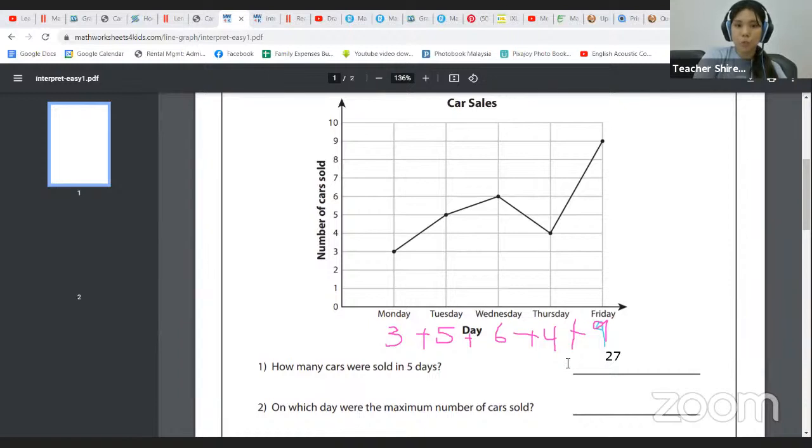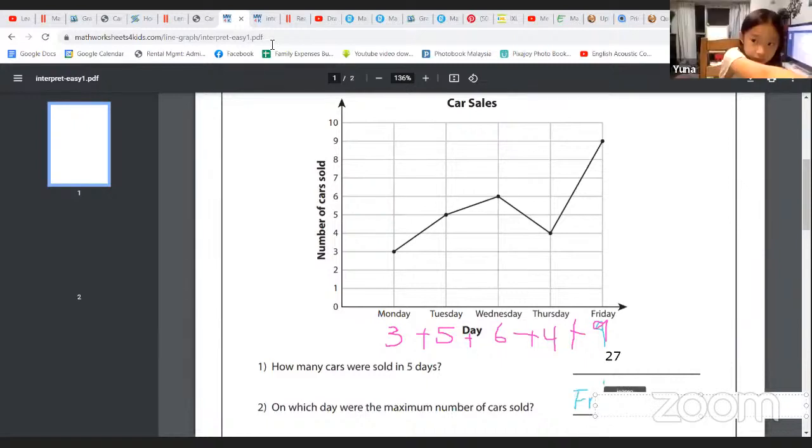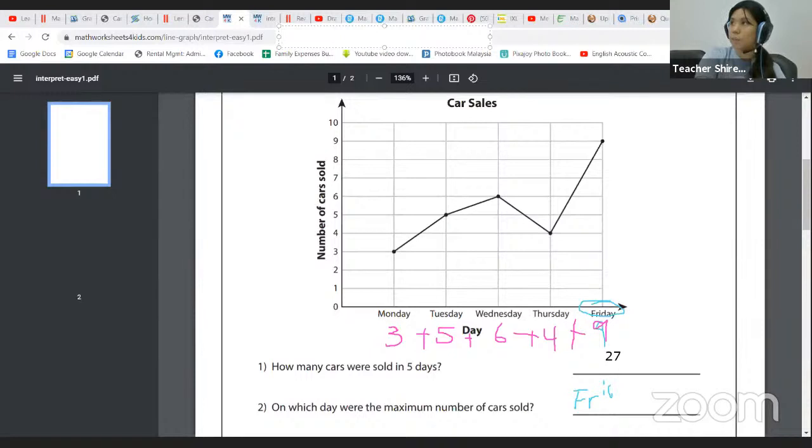Okay, next, Jensen, on which day is the maximum number of cars sold? Friday. Which day is the maximum car sold? Friday. Good job. Okay.